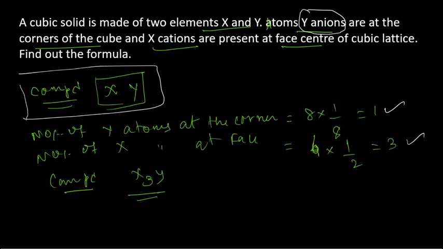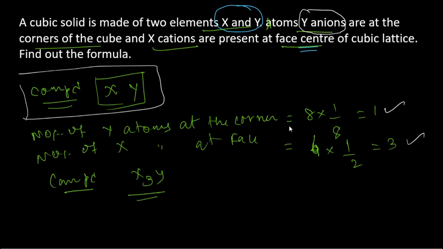Then let us consider a problem. A cubic solid is made up of 2 elements, X and Y. Y anions are at the corners, so at the corner you have Y. And X cations are present at the face centers.